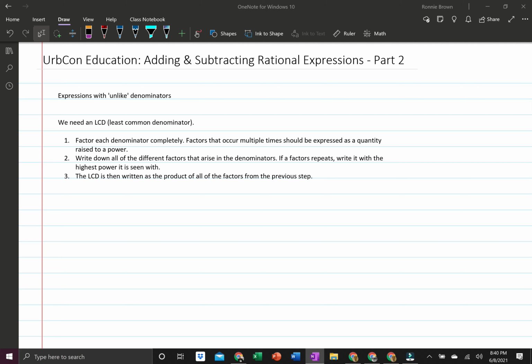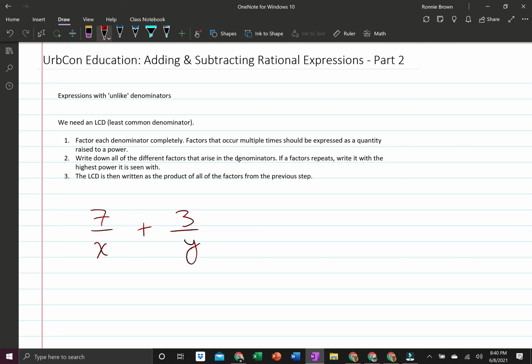Our first example may be something like 7 over x plus 3 over y. As you can plainly see, the two denominators are unlike. So we can't handle this the same way we did in part 1. In part 1 they would have been alike and we would have just added the numerators and written them as a single fraction.